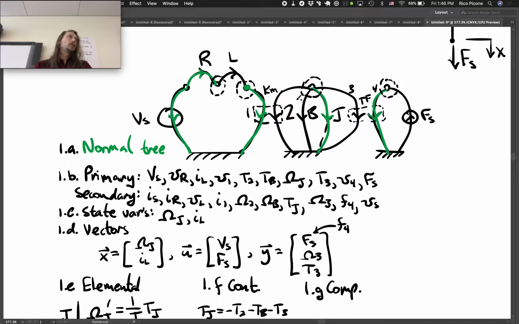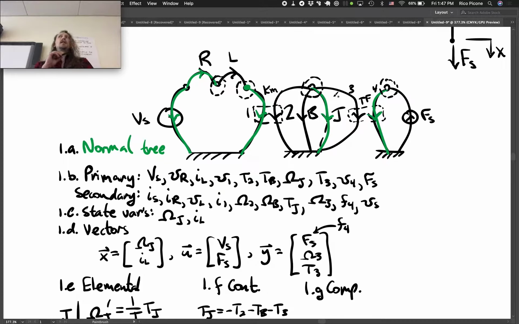It creates a loop. That loop says that omega 2 equals omega J. It's also true that omega 2 equals omega b, and it's also true that omega b equals omega 3. Those are also true, but they're not the equations that we're looking for.